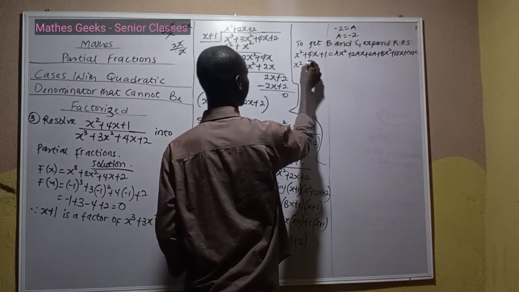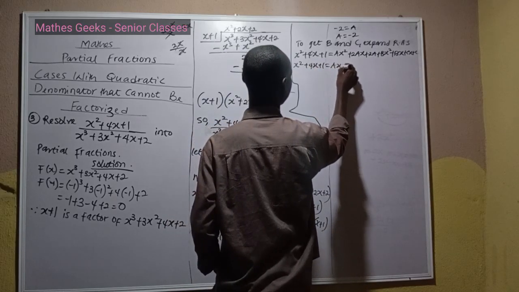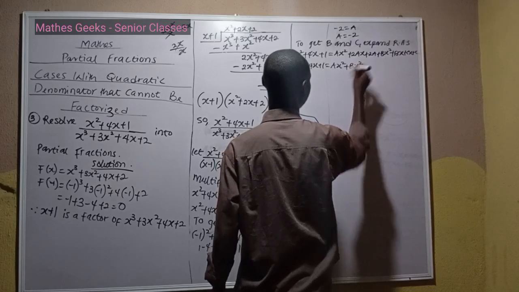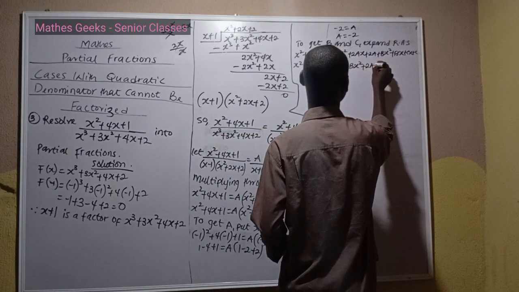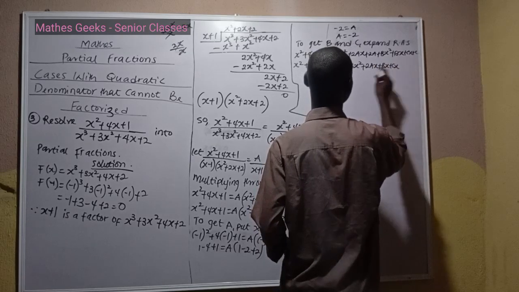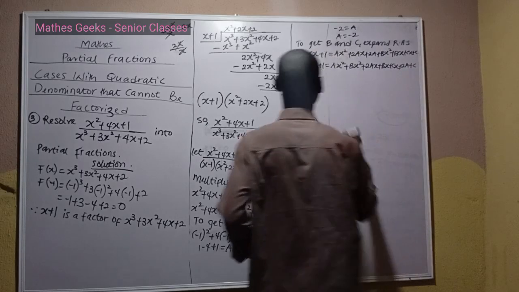So this is x squared plus 4x plus 1 equals ax squared plus bx squared, plus 2ax plus bx plus cx, then plus 2a plus c.